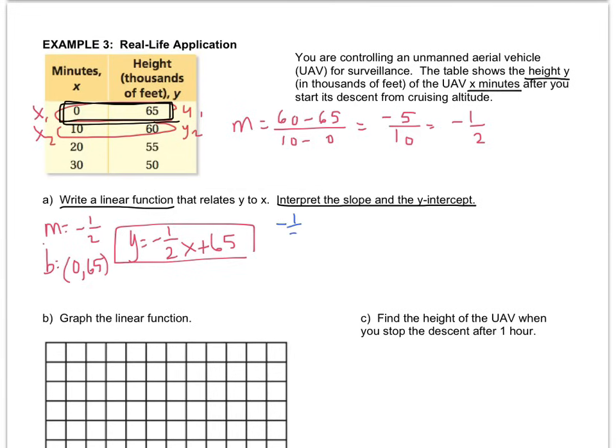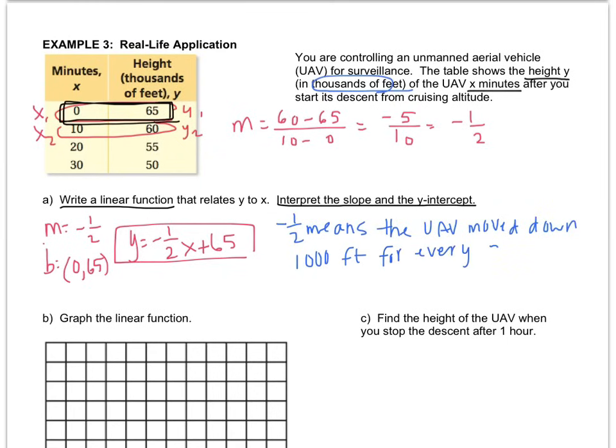So negative 1/2 means, this is me interpreting the slope, the UAV moves down 1,000 feet, because it says the height is in thousands of feet up here at the top, for every 2 minutes.